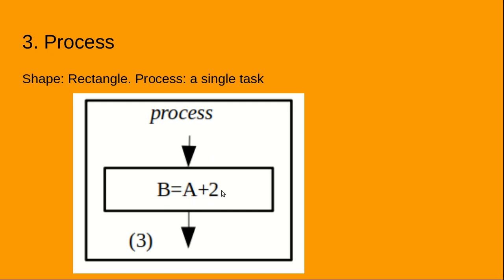Here this 2 is a constant and the result is B. Like that you can write A minus B, A minus 2 and A multiplied by 2, or even A minus B also you can write, and this arrow indicates after this process to the other part of the flowchart.